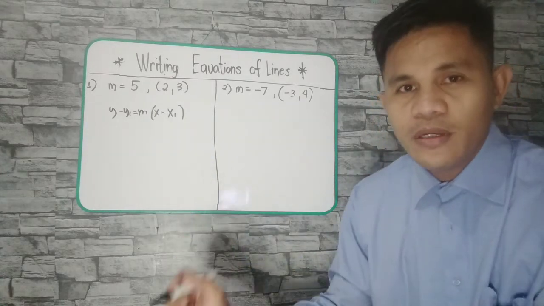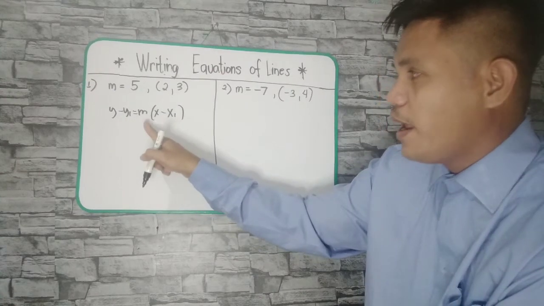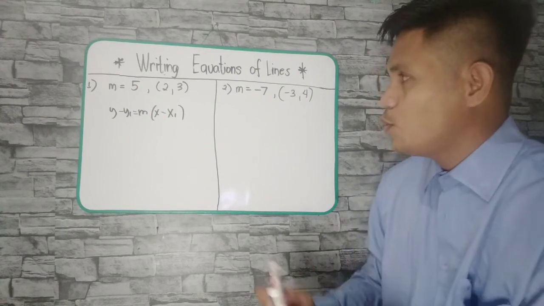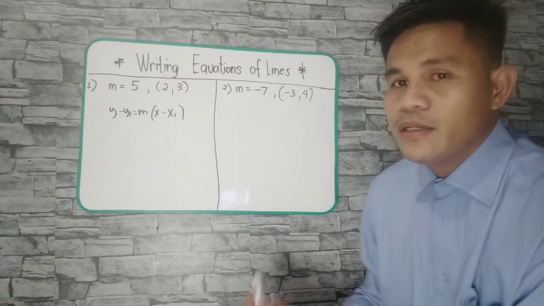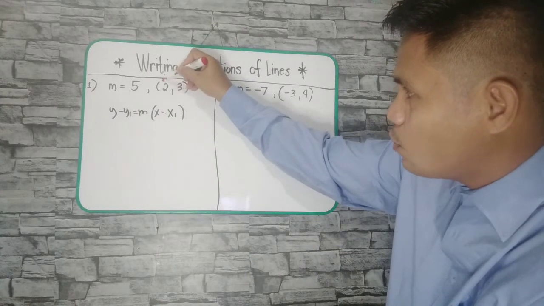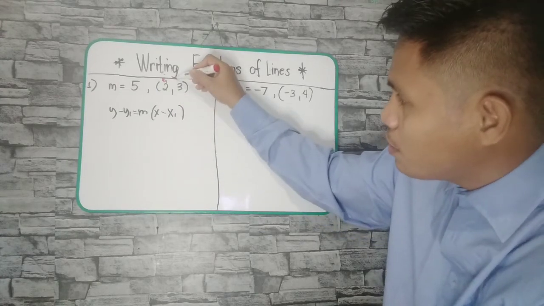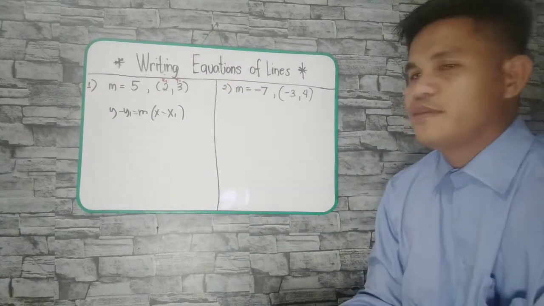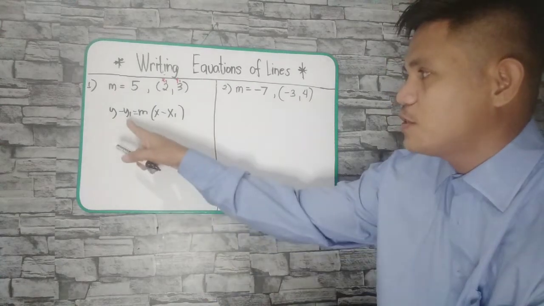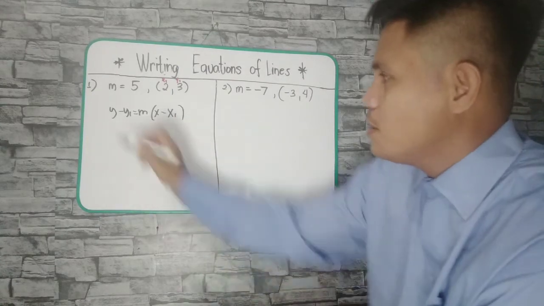All you have to do is substitute the values for y1, m, and x1. Since we only have one coordinate, the first number, or the abscissa, will be our x sub 1, and 3 will be our y sub 1. So that it will be easy for you to substitute the values. Let's substitute.